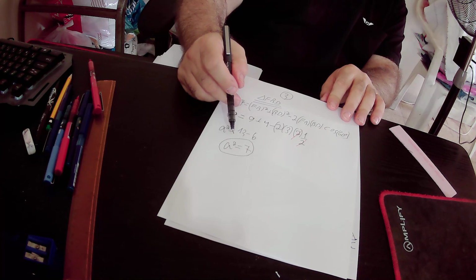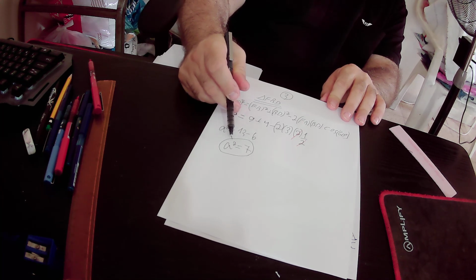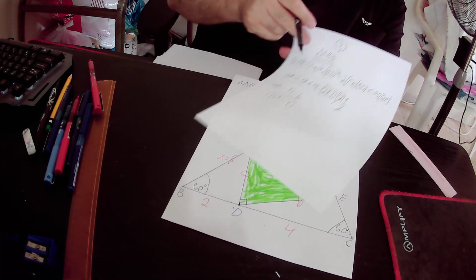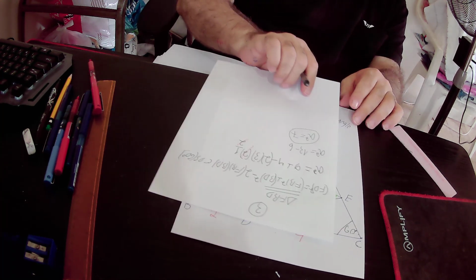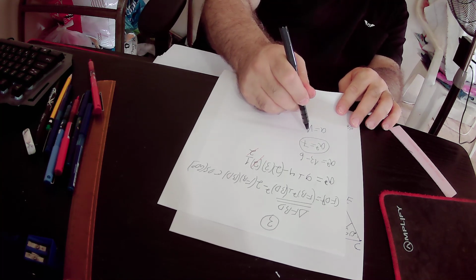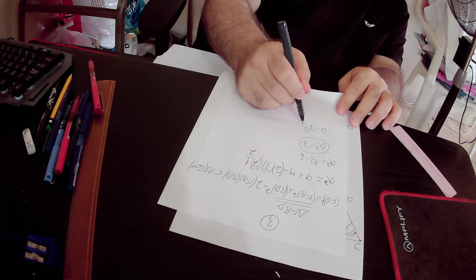A square equals 7, so here we can take a root out of this equality, and we will get that A equals the root of 7 units.